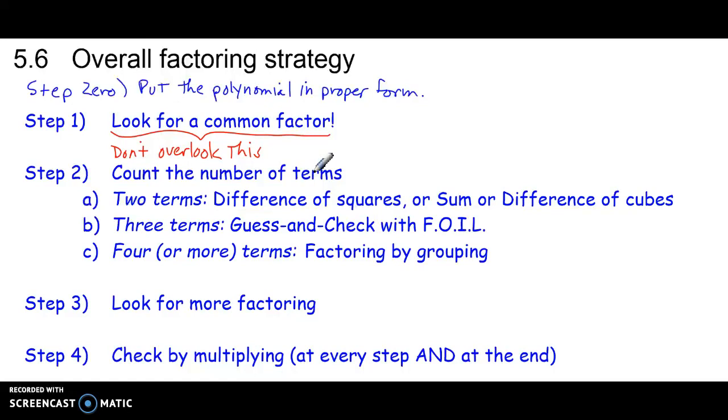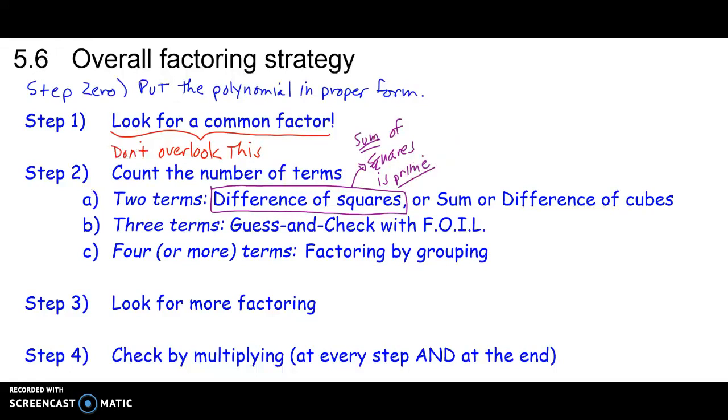If it has 2 terms, you're going to be using either the difference of squares, and remember that's from section 5.4. I'll also pause for a second and remind you that the sum of squares does not factor. So if you see a plus sign between 2 squares, you say it's prime.